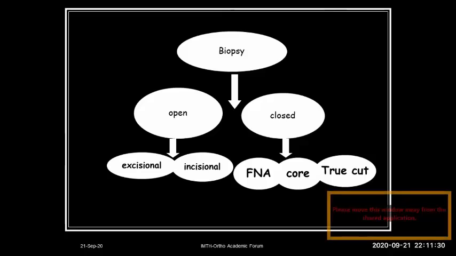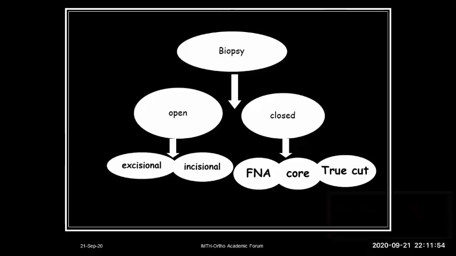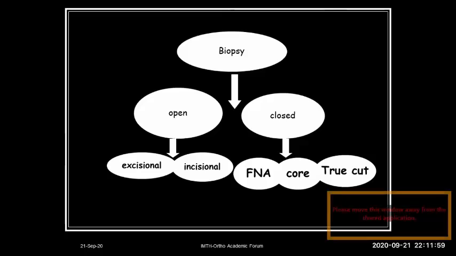And there is another type of biopsy that could be done closed, without opening a wide or long incision. This has many types, like the core biopsies, which has two kinds: the true cut needle that we use for soft tissue tumors or the prostate, like the urologists also use it, or the Jamshidi needle that we use to take a biopsy from the bone.